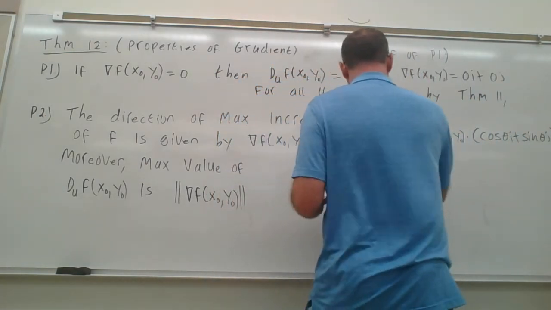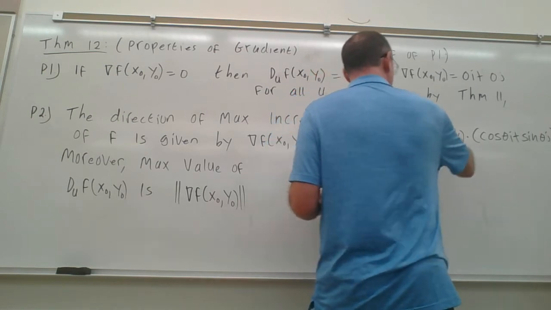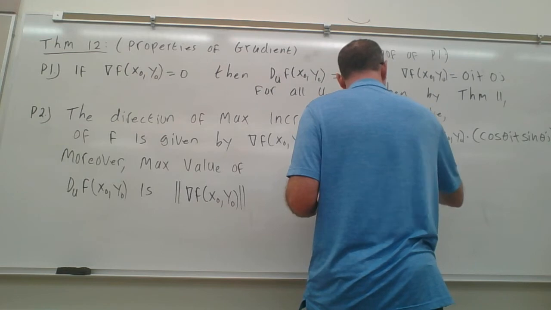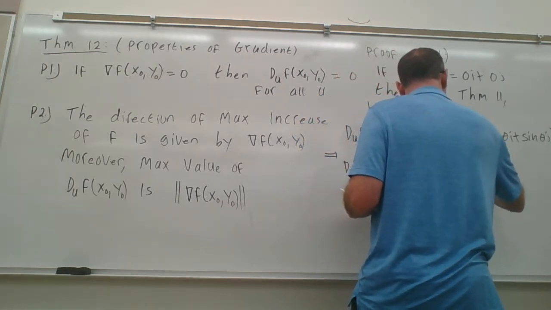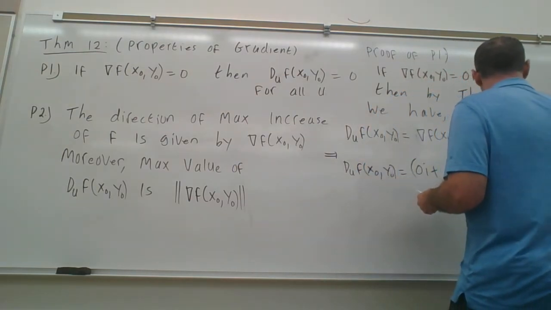Well, we're assuming that this guy is a zero vector. This would be then 0i plus 0j dotted with cosine i plus sine j. Again, this is our u.